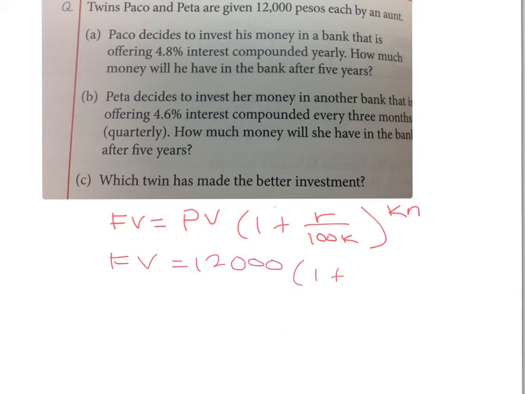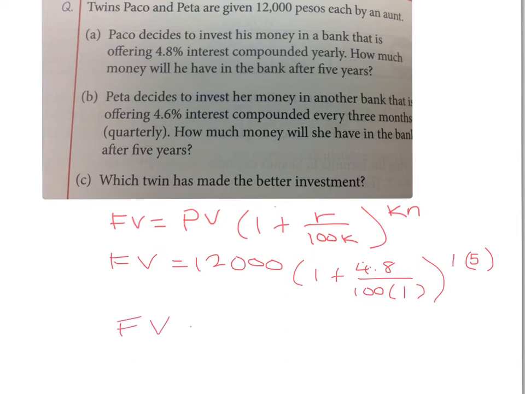We know his interest rate is 4.8%. And we know that we want to see how much money he'll have in the bank after 5 years. The only thing that we have to make sure we still fill in is the K value. Remember that the K value represents how many times it's compounding in a year, and if it's compounding yearly, it's only compounding once per year.